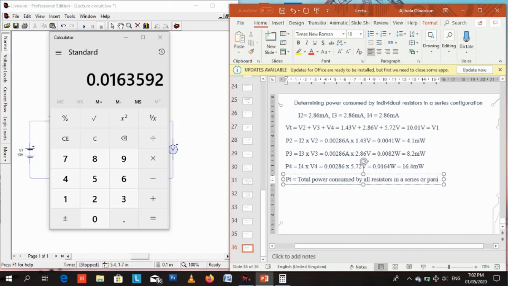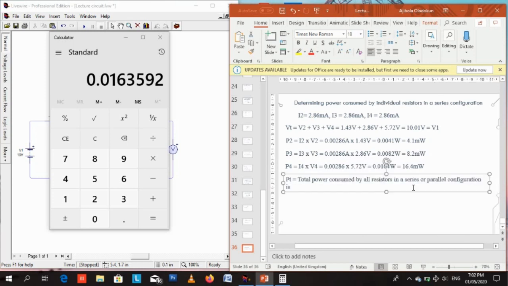What I want to point out here is that the total power in any electronic circuit is just the addition of all power consumed, the individual power consumed by all the resistors. So it doesn't matter whether you connect the resistors in series or in parallel. When it comes to calculating total power, just add all the individual powers consumed together.